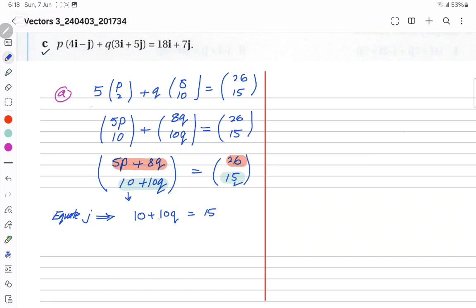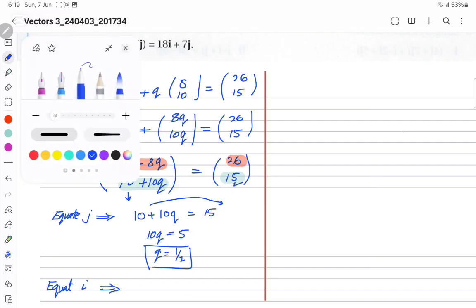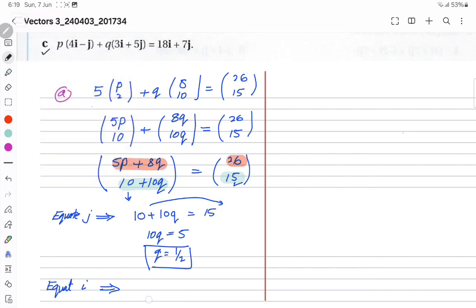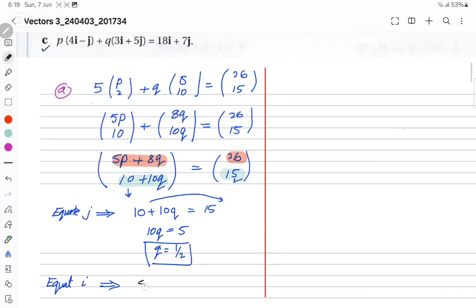Because it's involving one unknown, shifting that to the other side, it will be 10Q is equal to 15 minus 10, it will be 5. So Q is equal to 5 over 10, it will be 1/2. Then we equate I, because I here has two different unknowns. So 5P plus 8 times Q, all of that is equal to 26.